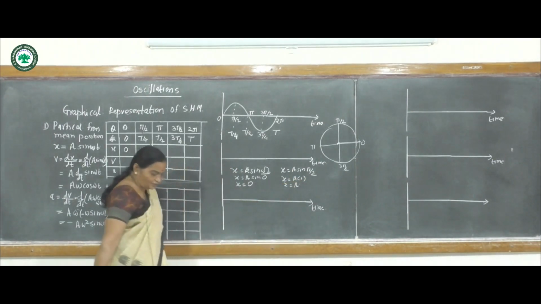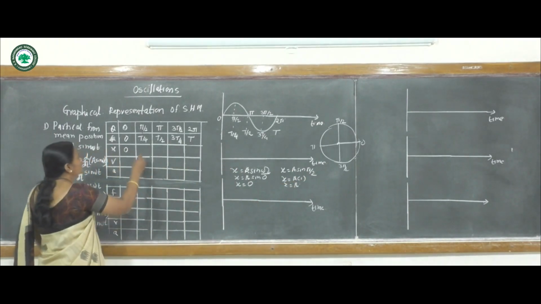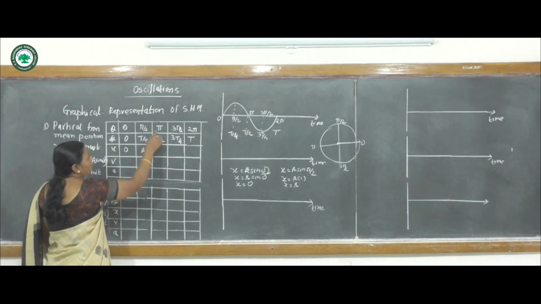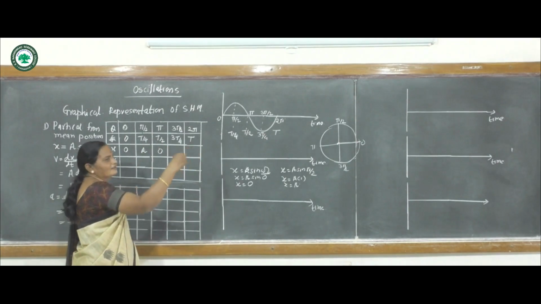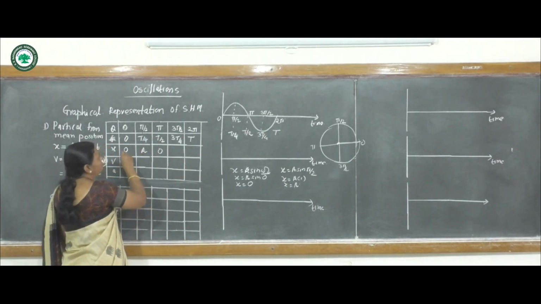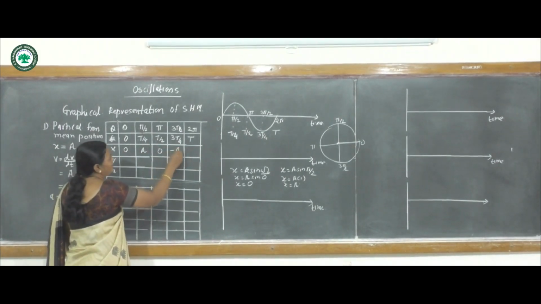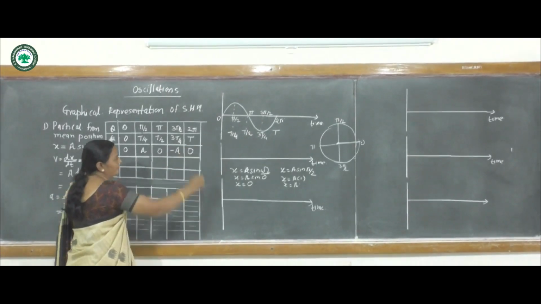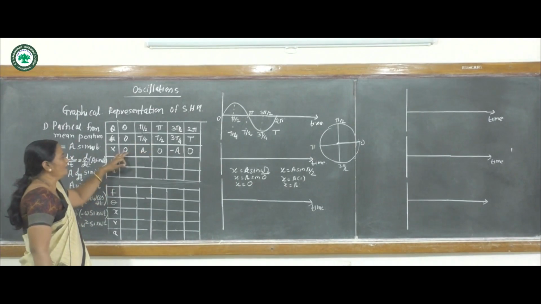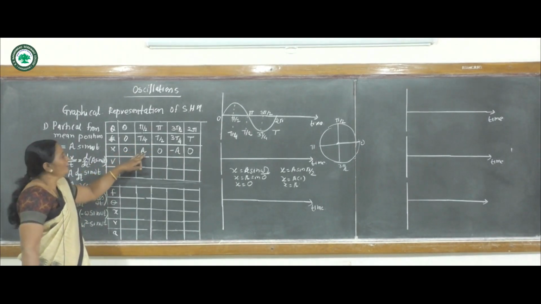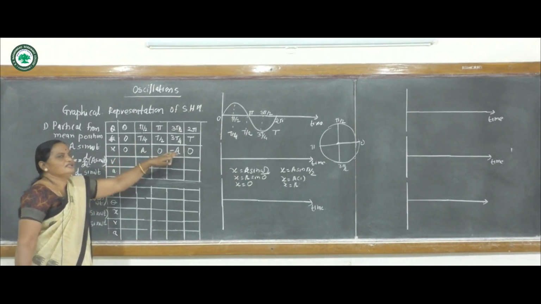The next value is a. Again we substitute π here, we get 0, and simultaneously the values of the displacement are 0, a, 0, minus a, 0. That is, the displacement values at these angles are 0, a, 0, −a, 0.